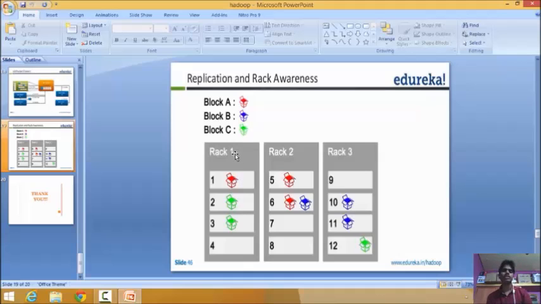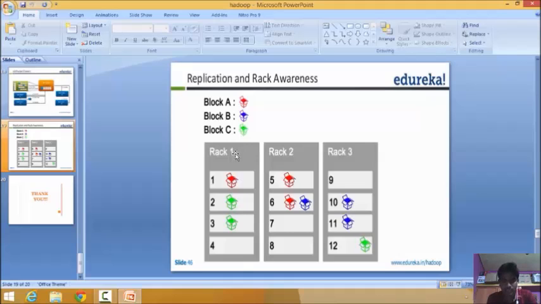You may wonder whether the same type of nodes should be in the same rack. No, it's not necessary. You can have different combinations of nodes in different racks.